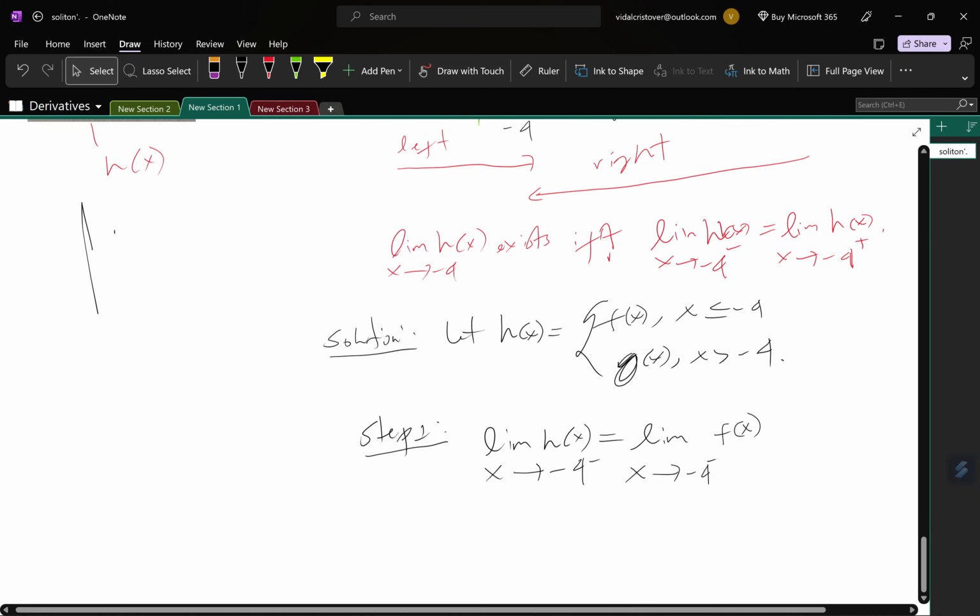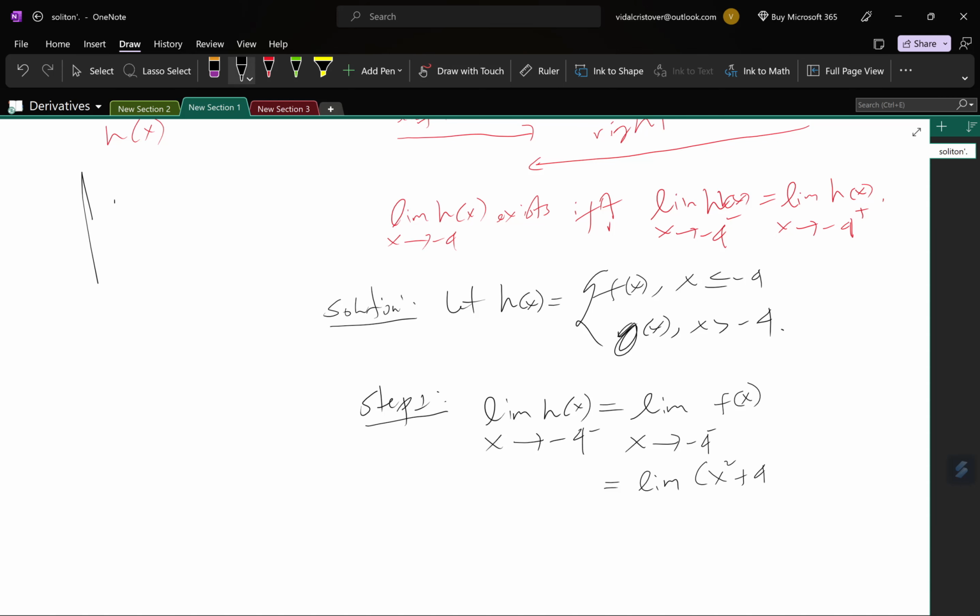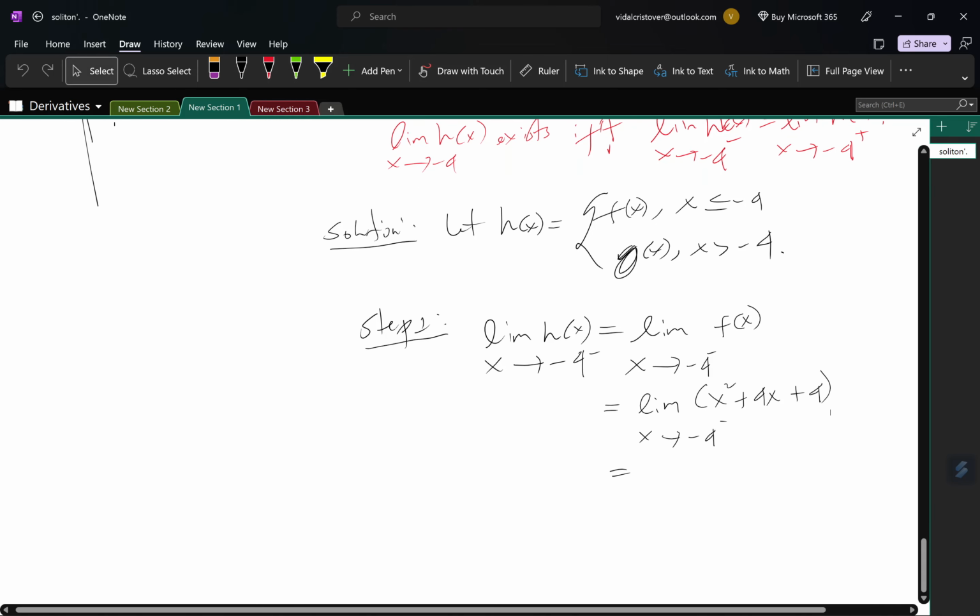Okay? Dayon, unsa ato ang f of x? Ang ato ang f of x is x squared plus 4x plus 4, and then as x approaches to negative 4 from the left. Now, ang katong one-sided limits is para sa to siya og mga laws or theorems sa katong usual nga mga limit na to. So, kay polynomial man ang x squared plus 4x plus 4, pwede rin na to i-distribute.